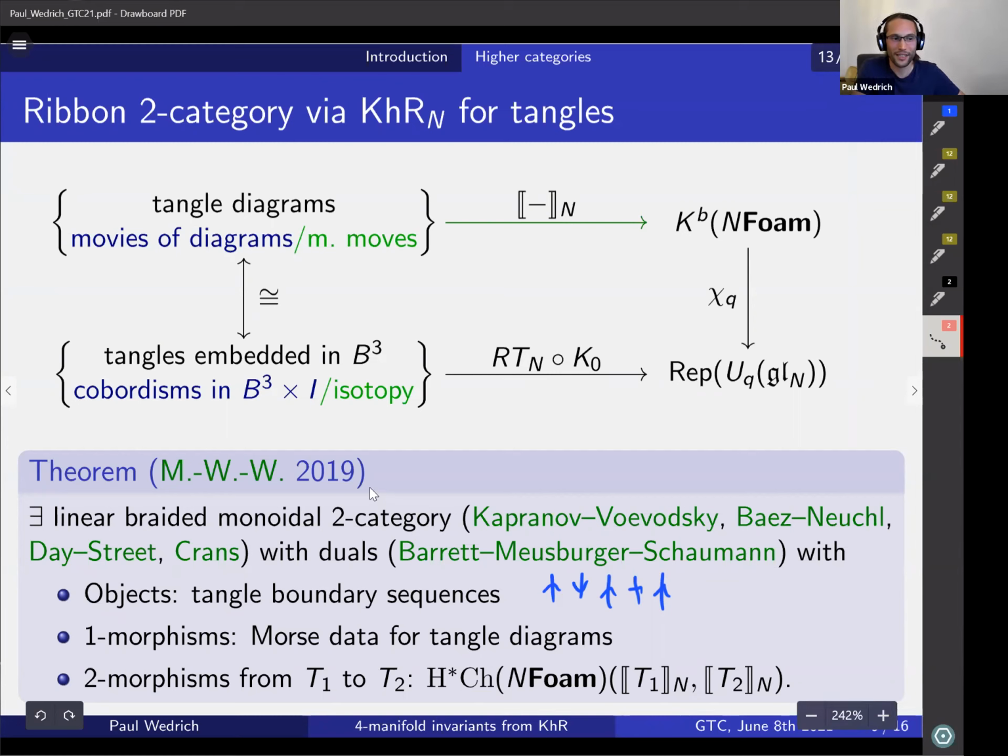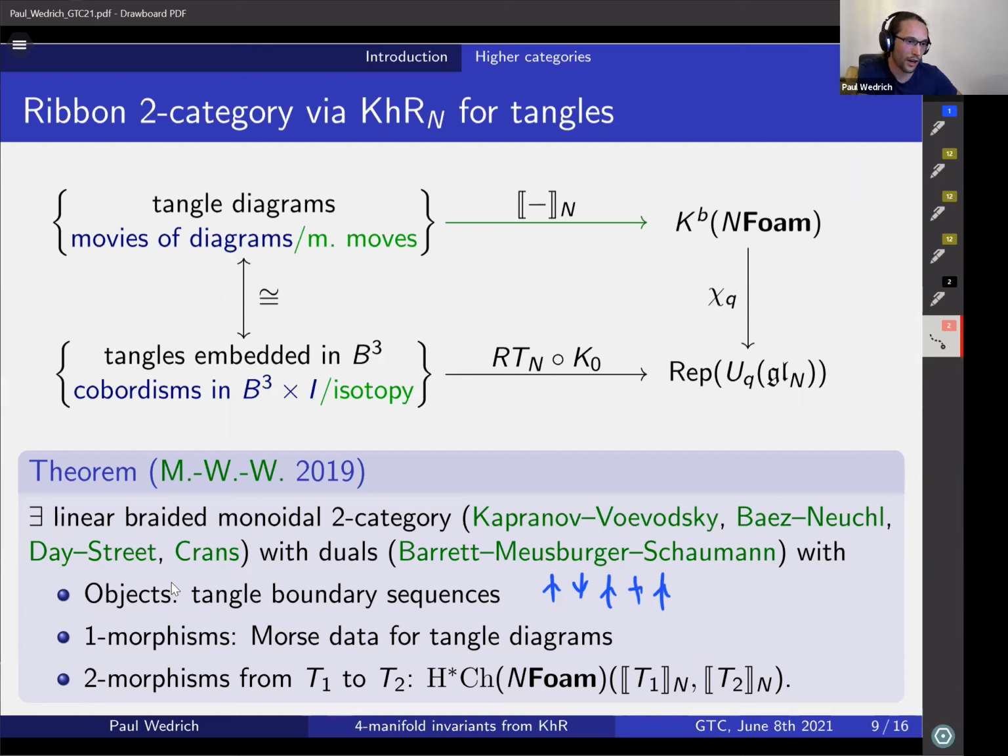Okay. So this is one kind of axiomatization of the kind of four-dimensional category that you can get from Khovanov-Rozansky homology, and you can find this in the last section of our paper. There's also a different model for this 4-category in our paper. It's using the technology of disk-like 4-categories.